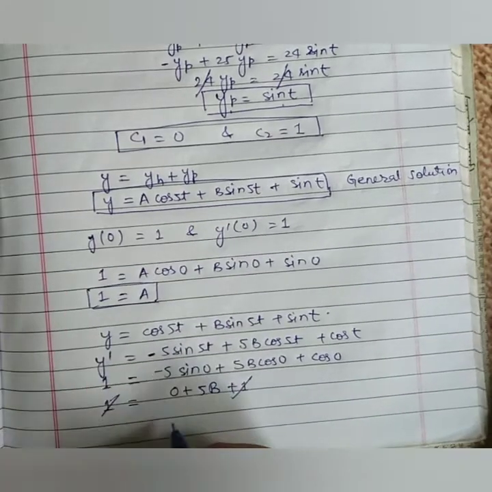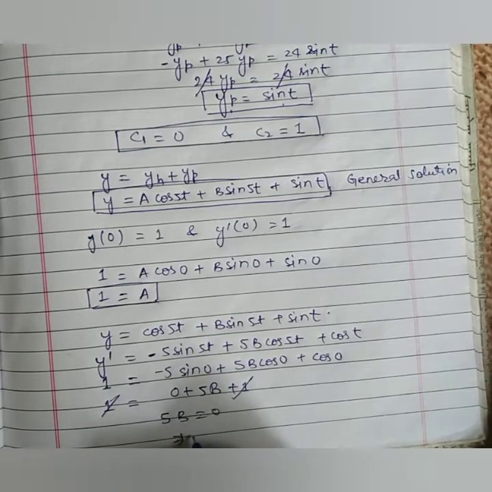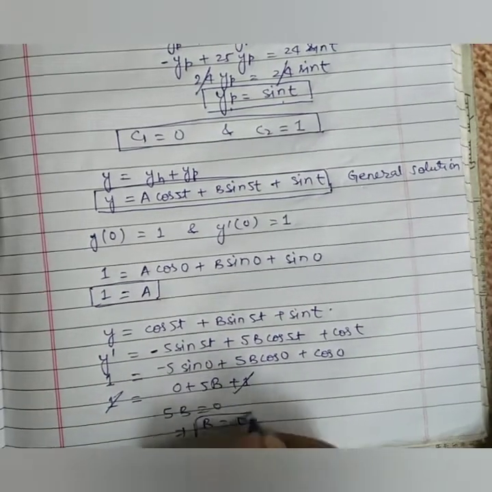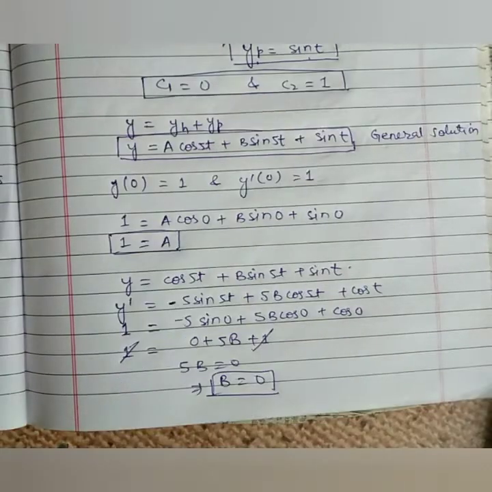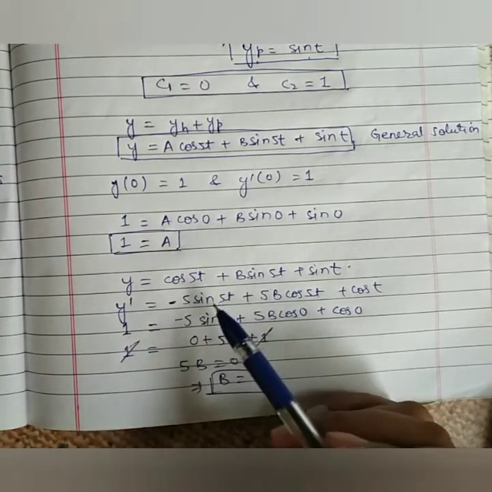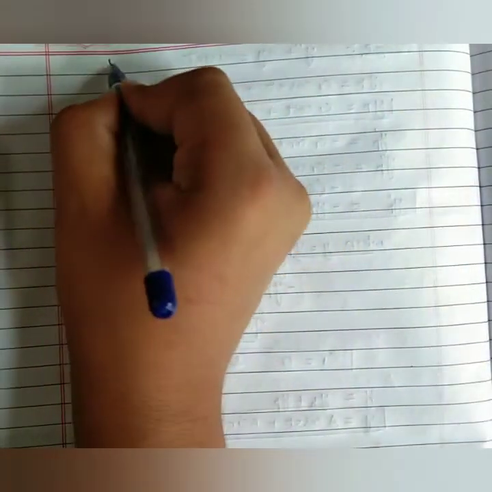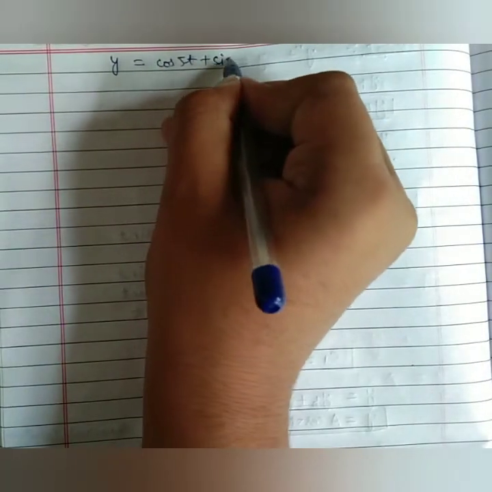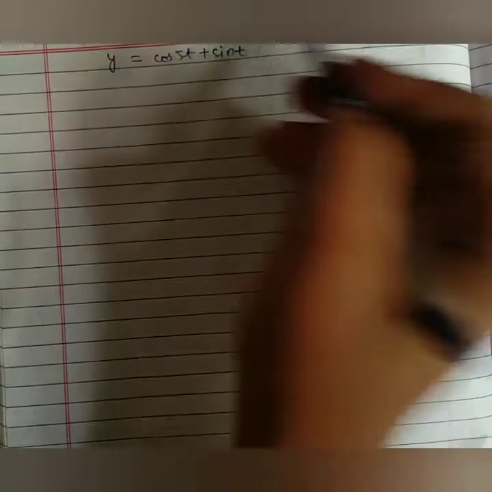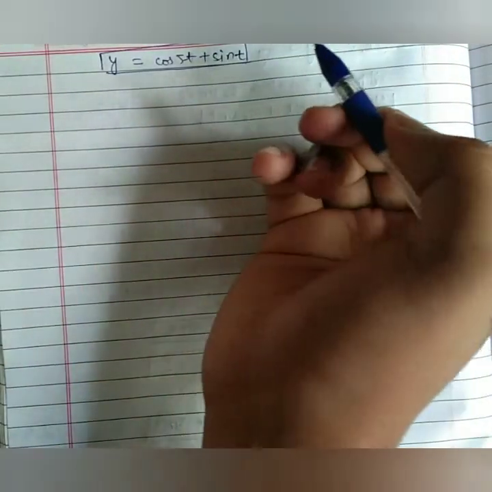So 1 and 1 get cancelled, and 5b equals 0. It shows that b equals 0. So we have got a as 1 and b as 0. When we put these values in the equation, we get y as cos 5t plus sin t. So this is the particular solution of the given non-homogeneous linear ODE.